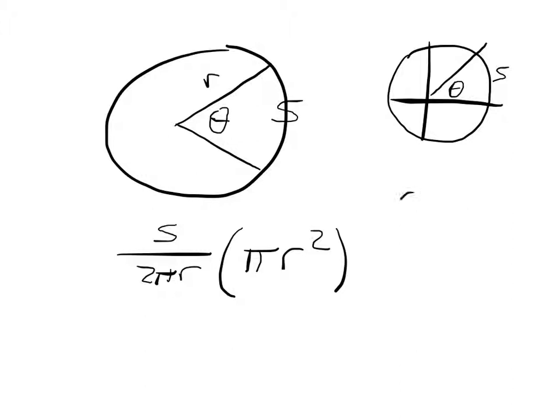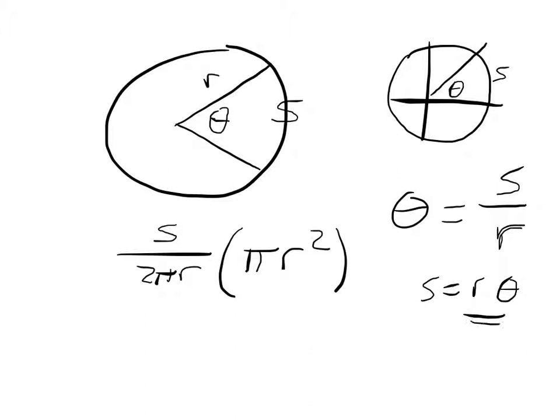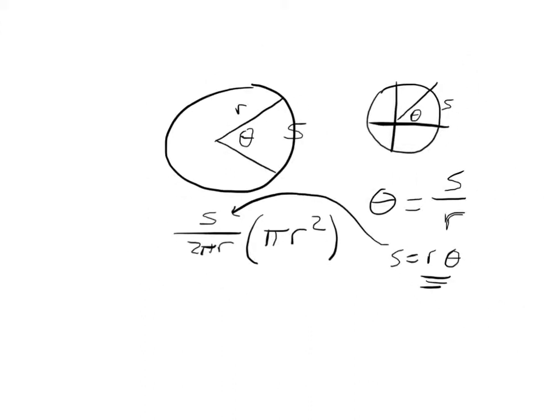I do remember that theta is going to be, by definition, S over r. And that's my definition of radian measure. Therefore, S equals r times theta. What I then can do is substitute that value in for S. Let's make this a little smaller here for a minute.